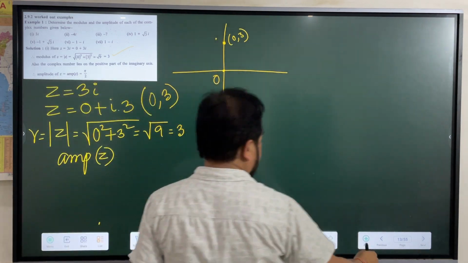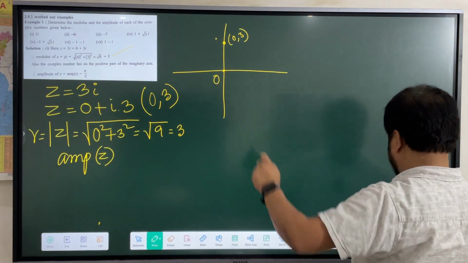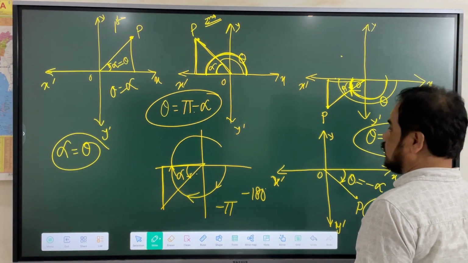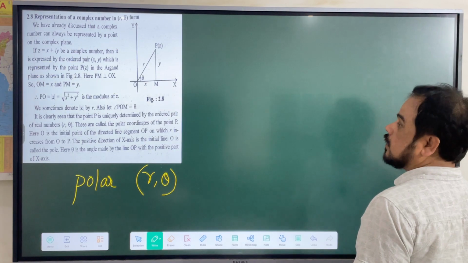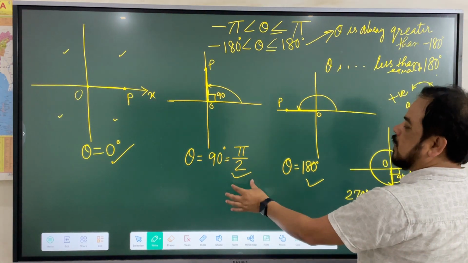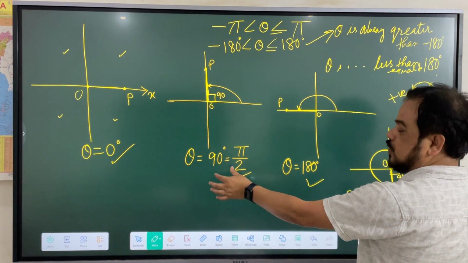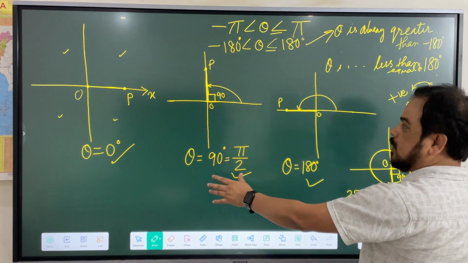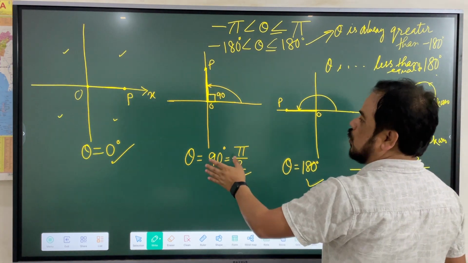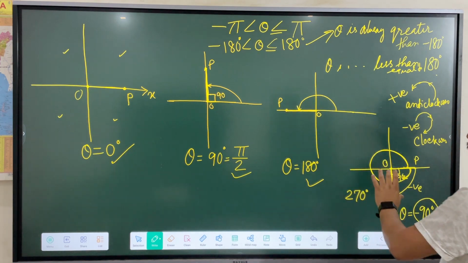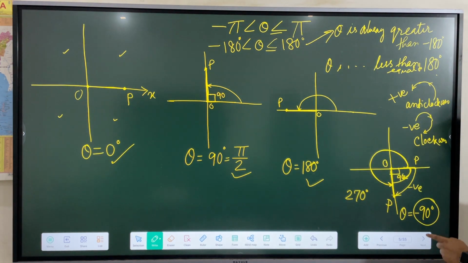If a point lies on the y-axis, I already explained, theta equals pi by 2 or 90 degree. So we don't have to go for tan theta. Tan we don't have to apply, because if it is on the y-axis, we know. If it is on the negative y-axis, theta is minus 90 degree.